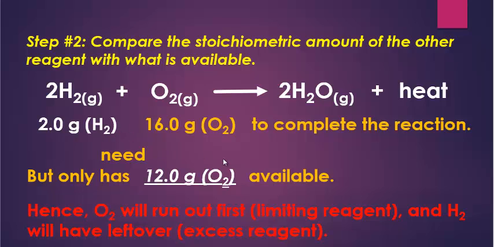You have to go through the process, and the reason for that discrepancy is that oxygen gas is 32 grams per mole, while hydrogen gas is only 2 grams per mole. Also involved in here are the mole ratios based on the coefficients in the balanced chemical equation.